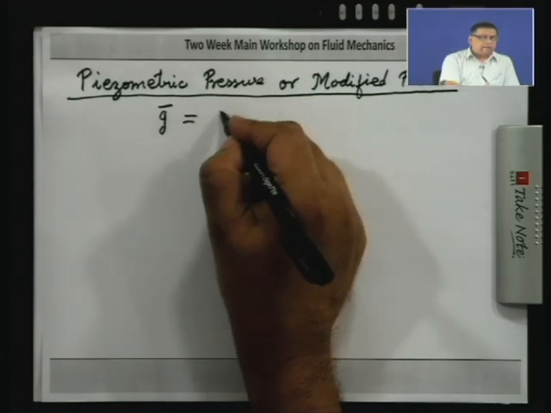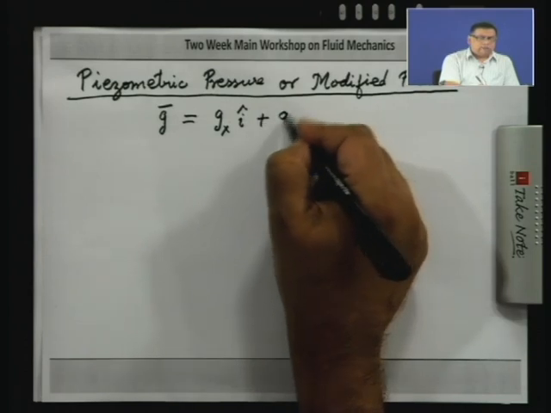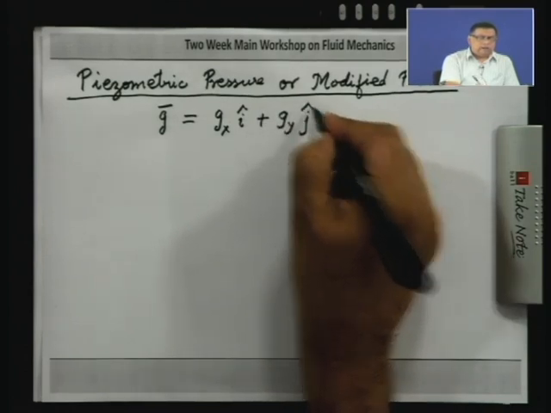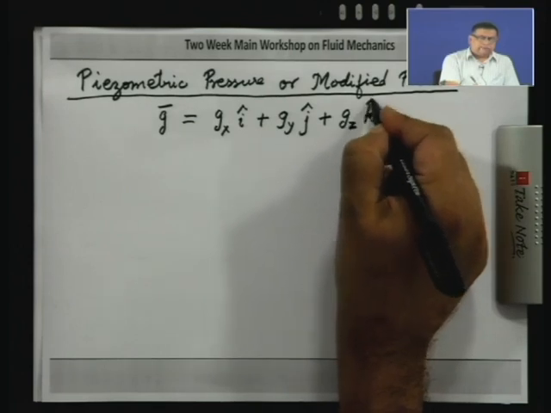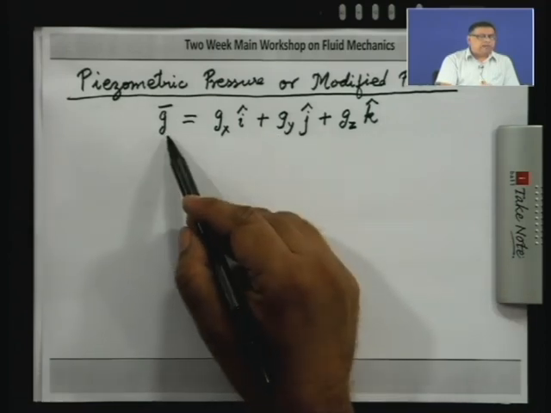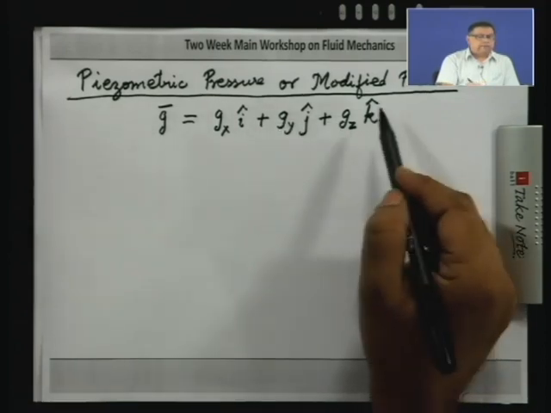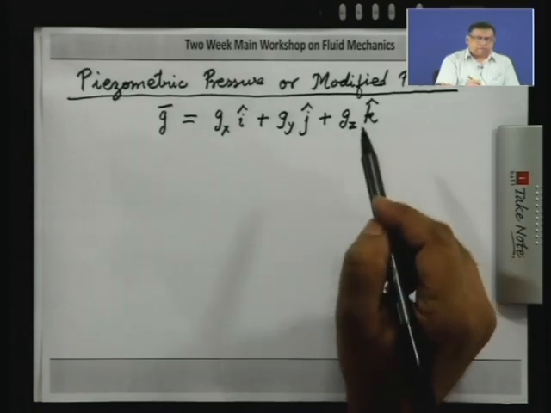It can be written as g x i plus g y j plus g z k, where g x, g y and g z are the components of this vector g in the x, y and z directions, and this depends on your choice of coordinate system.